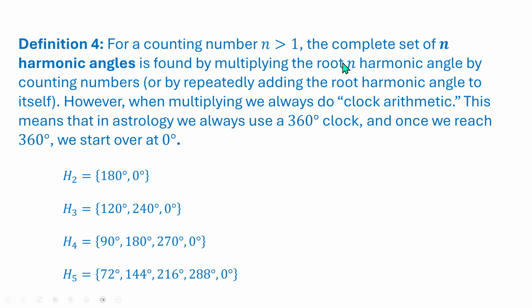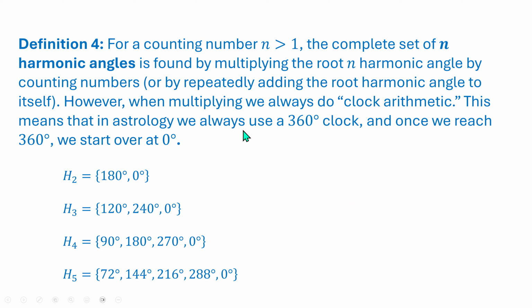We don't usually talk about the 1 harmonic because that's the natal chart, and we're looking at higher harmonics most of the time. And of course, when you do the 1 harmonic, that comes out a little special, since anything divided by 1 just gives you back the same thing. So we sometimes have to make little exceptions to our rules for the 1 harmonic.